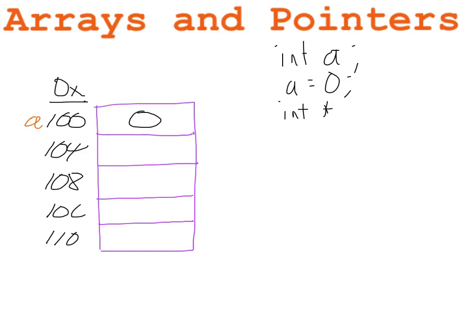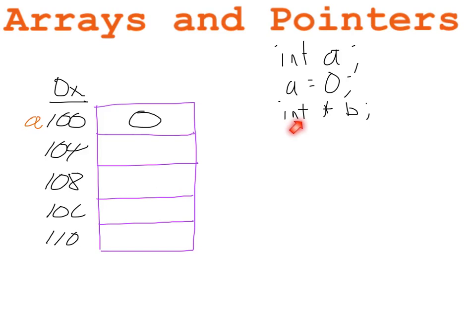The asterisk is how we declare a pointer of a certain type in C, and let's just say we want to call it B. So at the conclusion of this line, I've declared an integer pointer B, and what that means is that B, whatever address B gets allocated to in our memory map over here, the contents at B is going to be an address of an integer.